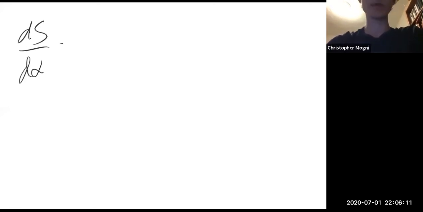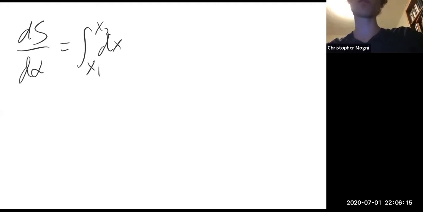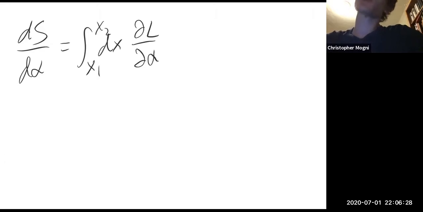Cool. So this is going to be the same work that we had before. So dS d alpha is an integral over x. One point that I forgot to make is that the etas are going to just vanish at the endpoints. This is something that's come up in the other videos. So we can write this as a partial derivative with respect to alpha of the integrand.